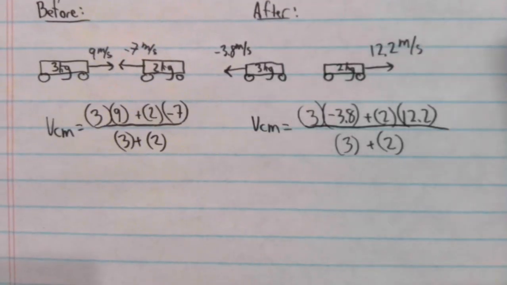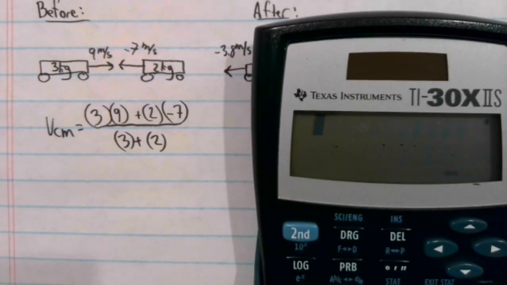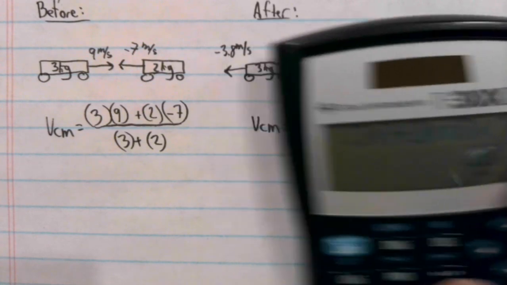So here we go. The left-hand side, the top should be in parentheses. So it'll be 3 times 9 plus 2 times negative 7. Close that parentheses, divided by 3 plus 2. So we'll get 2.6.